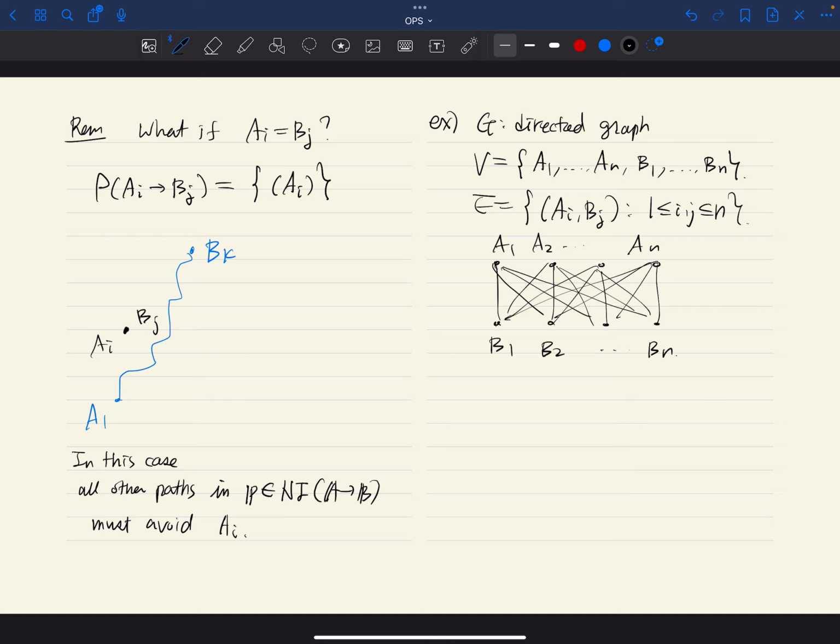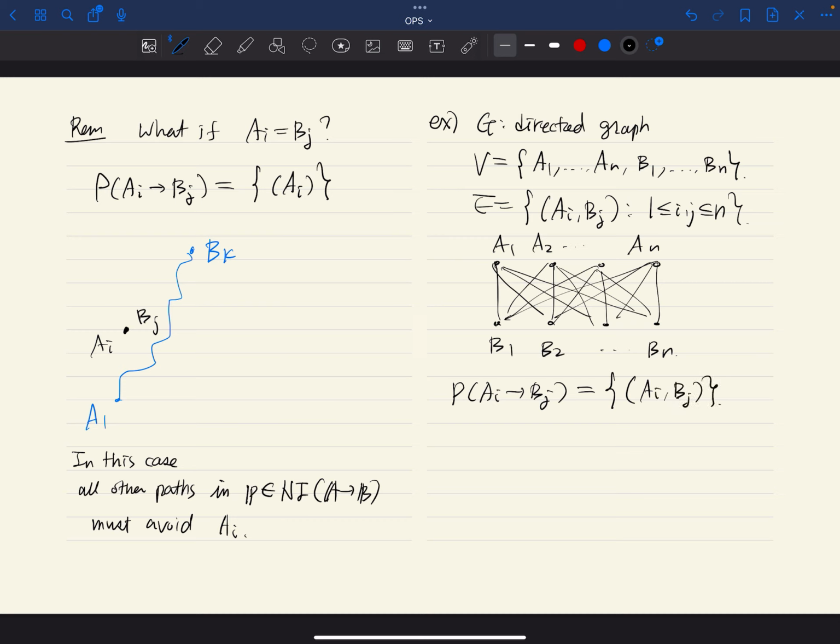And let's see. Of course, the direction is always this way, from AI to BJ. What is this step? We want to go, say, from A1 to B3. There's only one path, using only one edge. So this is just the edge AI, BJ.